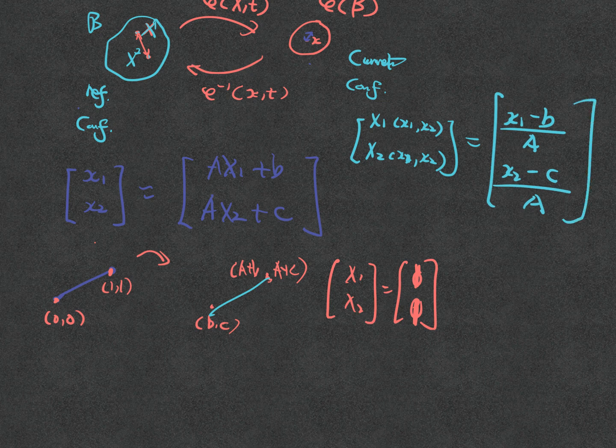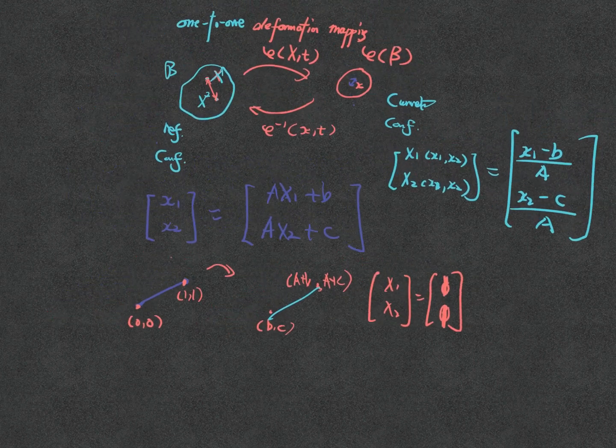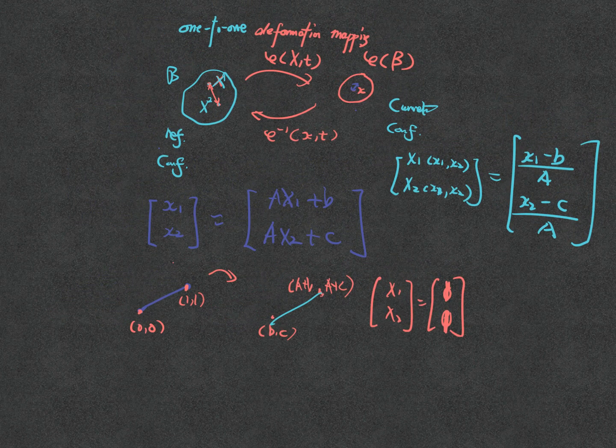Now let me ask you another question. How do I define the strain if I want to know the strain? What is the right way to find the strain? Or another way, I have that deformation mapping, right? What is the deformation gradient?